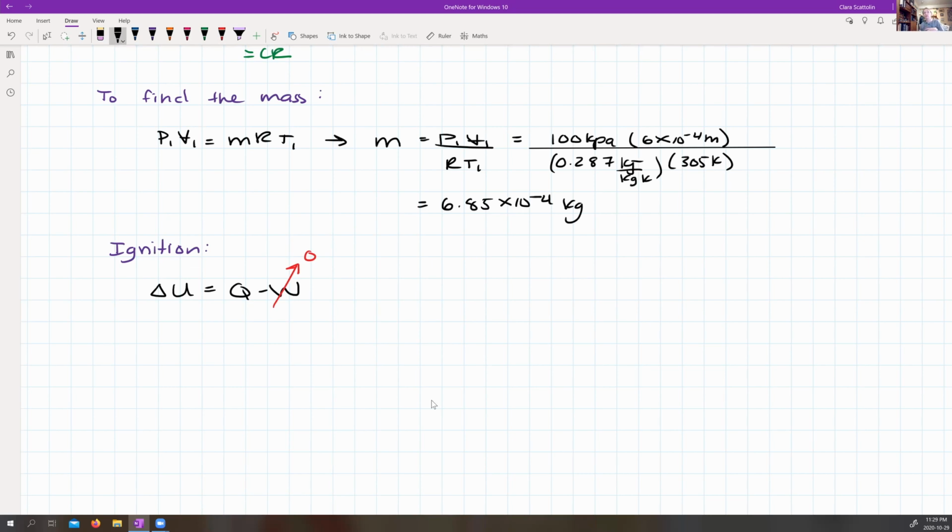The gas is contained within the piston, and we are expanding and contracting it in 4 steps. But nothing is flowing in the Otto cycle. That's what makes it different from the Rankine and the Brayton cycles. You know there's no work done during ignition, so therefore Q is equal to delta U. And what did I say about delta U? For gases, it's mCV delta T. And for the ignition state, that's mCV.